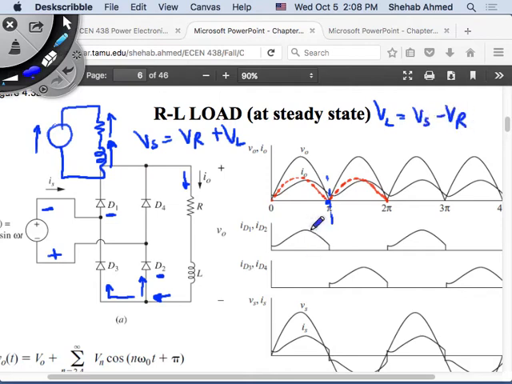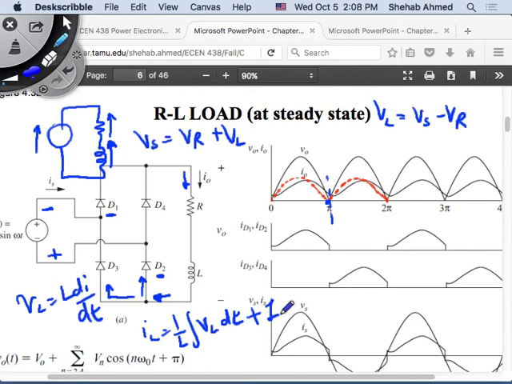VL is equal to L di/dt, so IL is equal to 1 over L integral of VL dt, plus my initial condition. If my inductor voltage is negative, this integration is a negative value. And if my initial condition happens to be positive, I'm adding a negative value to a positive number. What will that do? Decrease the current. So as soon as the voltage across the inductor becomes negative, the current will start decreasing.